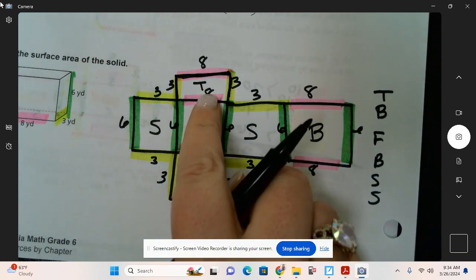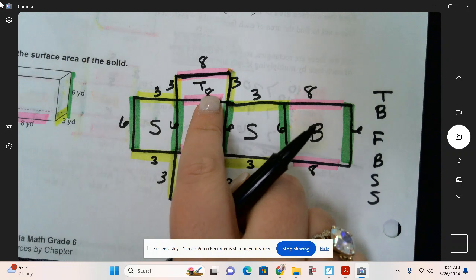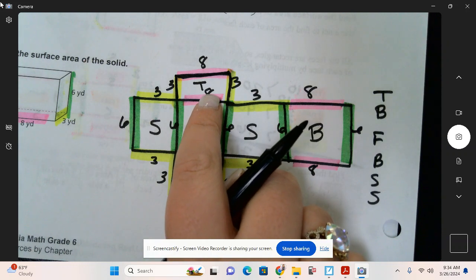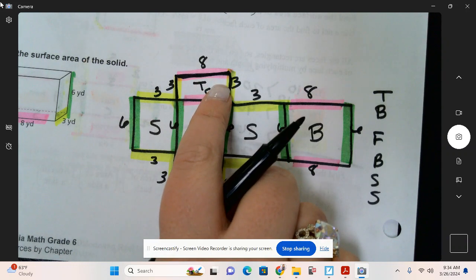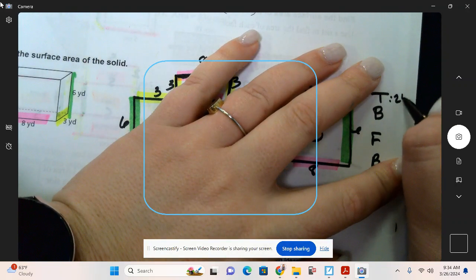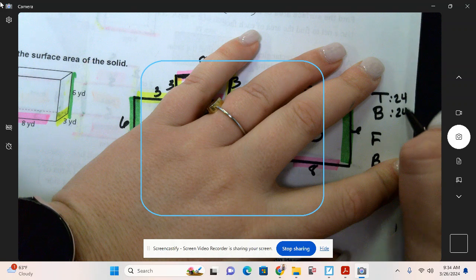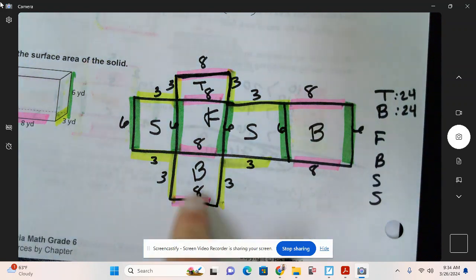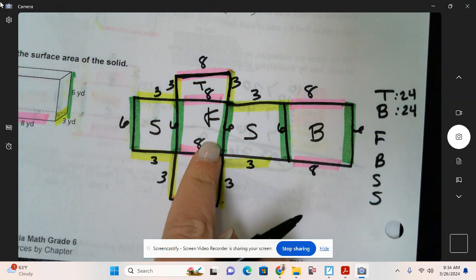All right, so let's find the area of the top. It's gonna be 24. 8 by 3, so 8 times 3 is 24. So if I know the top, you know the bottom. So I have my front.